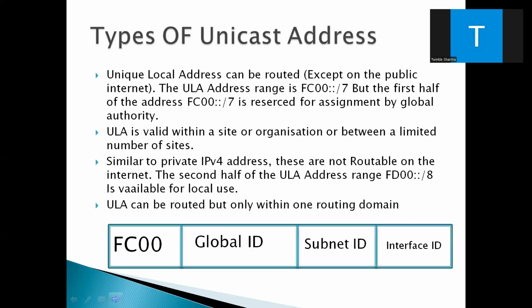Then we have the unique local address. ULA addresses can be routed except on the public internet. The ULA address range is FC00::/7, but the first half of the address, FC00::/8, is reserved for assignment by a global authority.